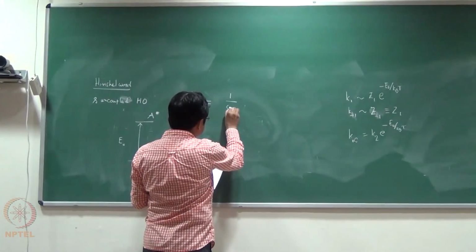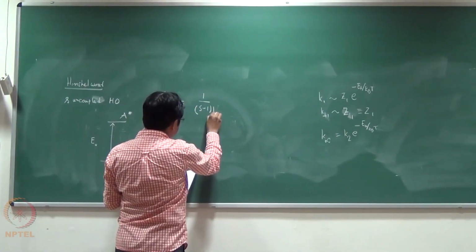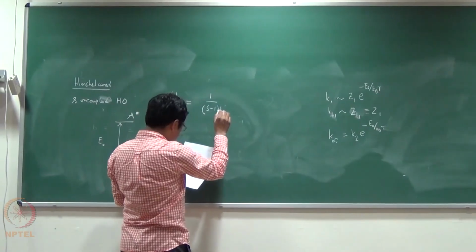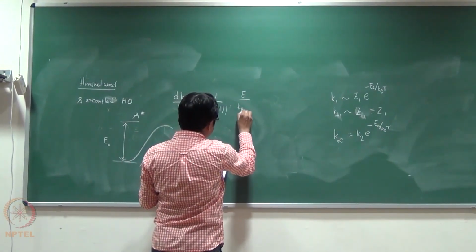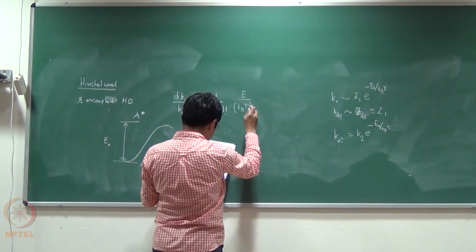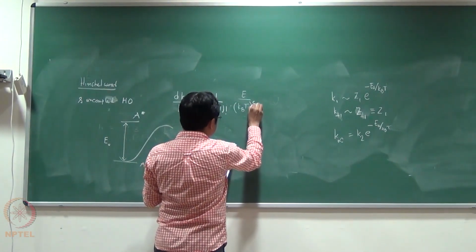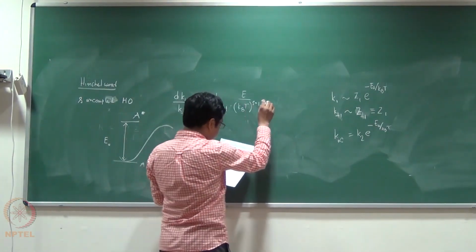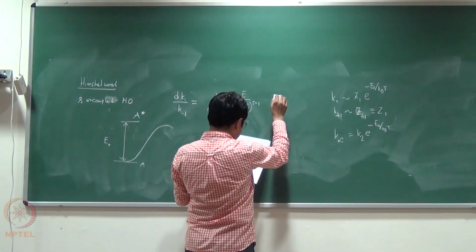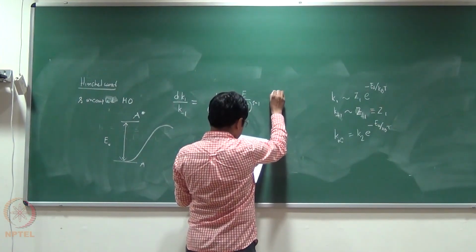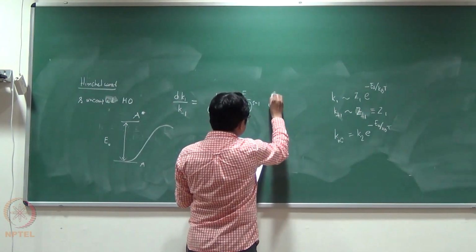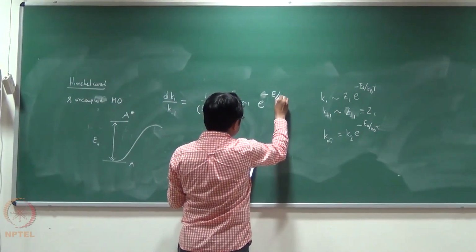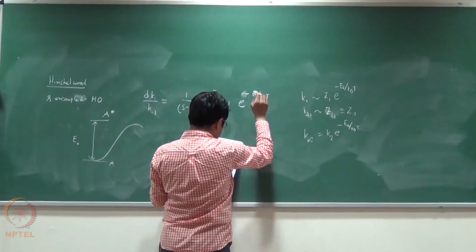So it will give you something like 1 over (s minus 1) factorial, and then E by kT to the power s minus 1, and then I'll have e to the power minus E by kT.